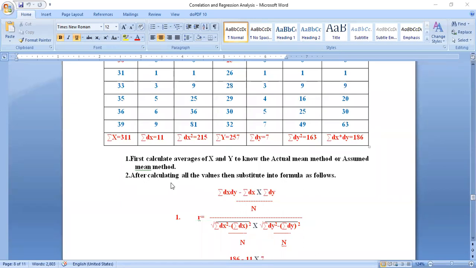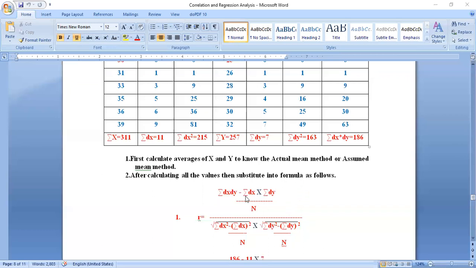Then second, after calculating all the values, substitute into the formula: sigma dx dy minus sigma dx into sigma dy by n, divided by under root sigma dx square minus sigma dx whole square by n, into under root sigma dy square minus sigma dy whole square by n.